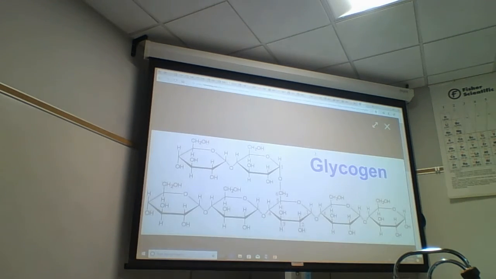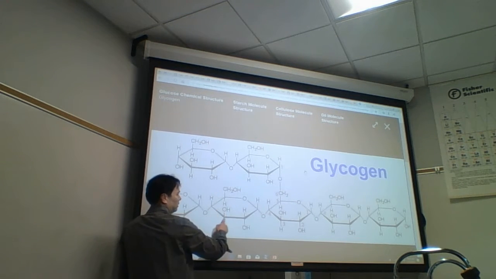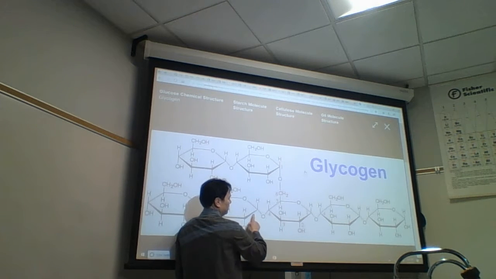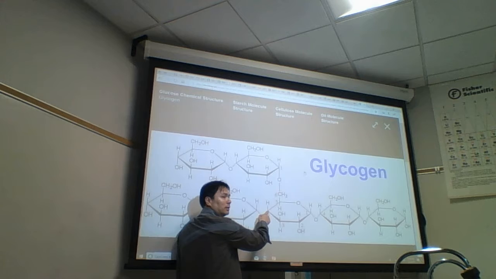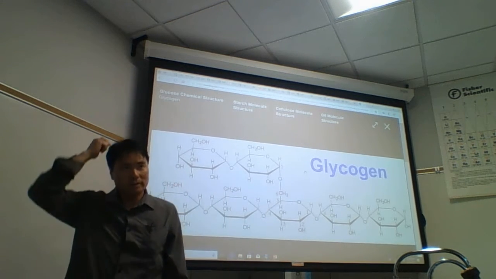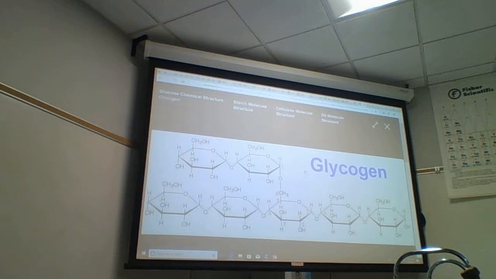And what's glycogen? If you look at glycogen, it's glucose linked together with other glucose. These are all glucose molecules, and it's a C-O-C link. And so if you look at cellulose, which is wood and paper, and compare it to glycogen, which is what our bodies use for sugar, they look the same, don't they?